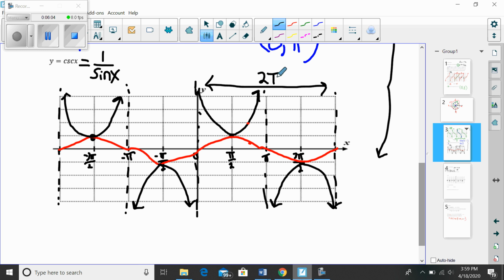I have to have the part opening up and the part opening down to be considered a full cycle. And again, where is this one-to-one? If I try to say I am one-to-one from, say, 0 to pi, I'm not. If I were to draw a horizontal line from 0 to pi, that doesn't work.